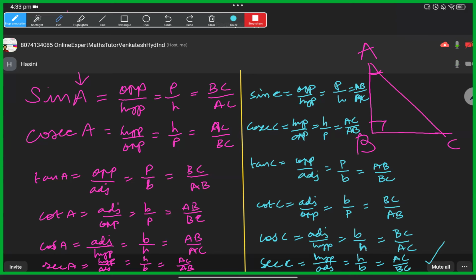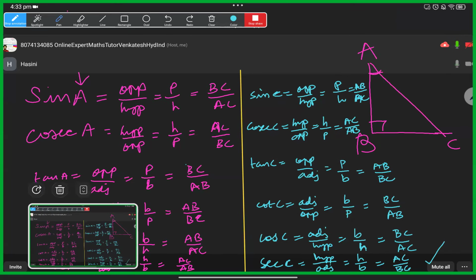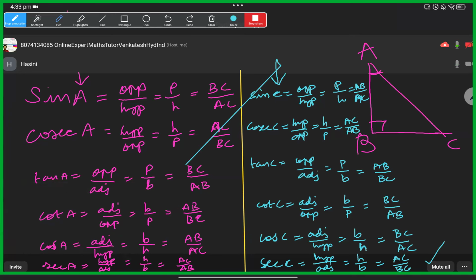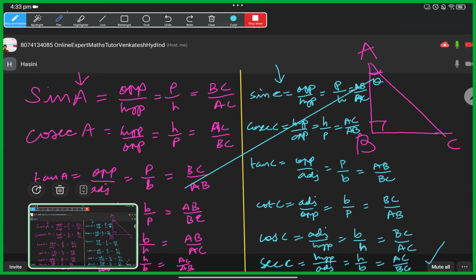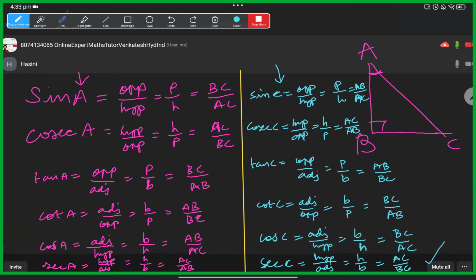So in this figure, suppose instead of vertex A and vertex C, they mention an angle as theta and another angle as beta or alpha.